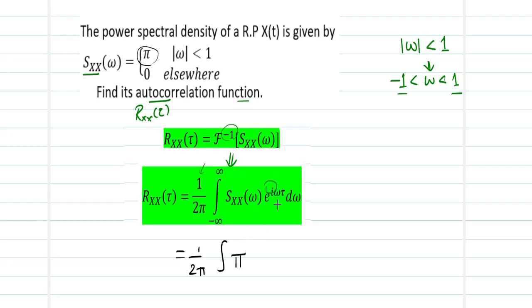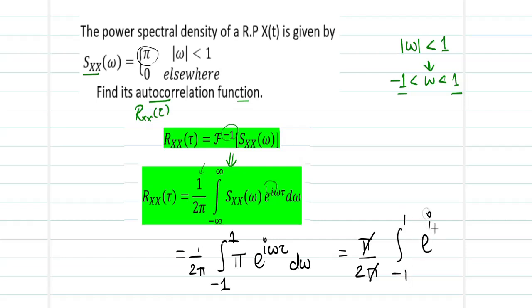This constant is not going to affect the exponential in any way. So we keep e power i omega tau d omega, and this pi varies between minus 1 to 1. This pi, being a mere constant, can be taken outside, and it cancels with the 2 pi, so I have the integral from minus 1 to 1 of e power i omega tau d omega.